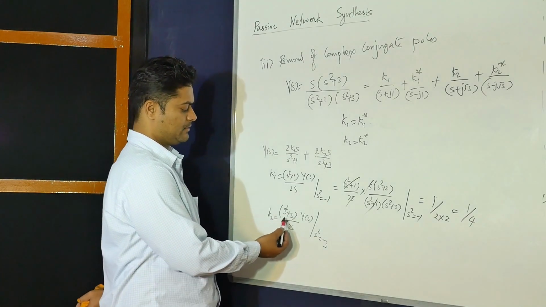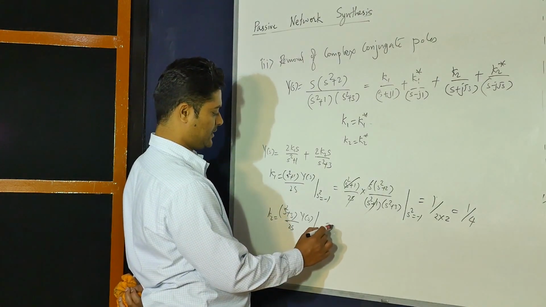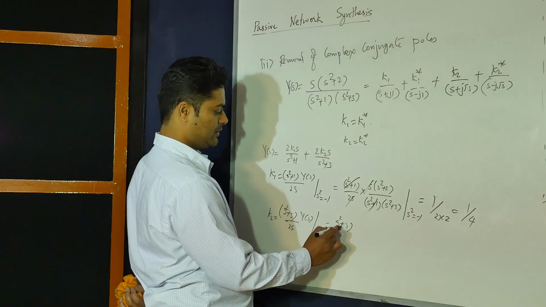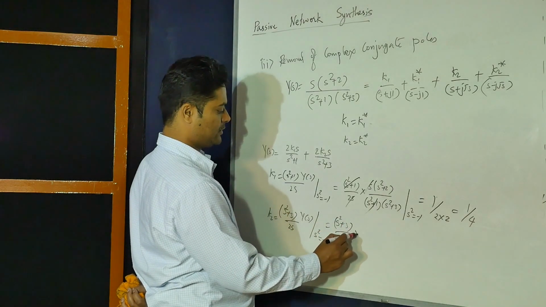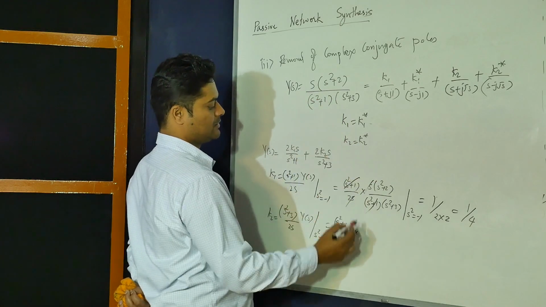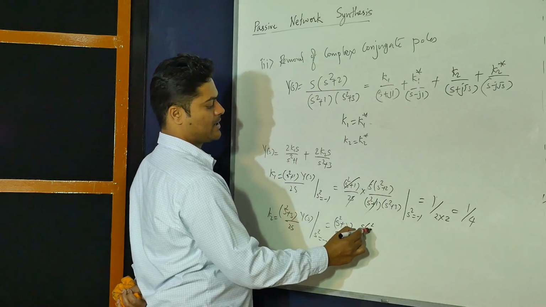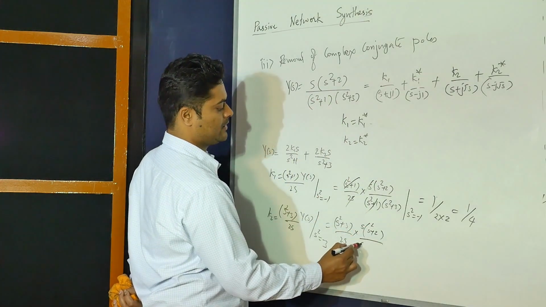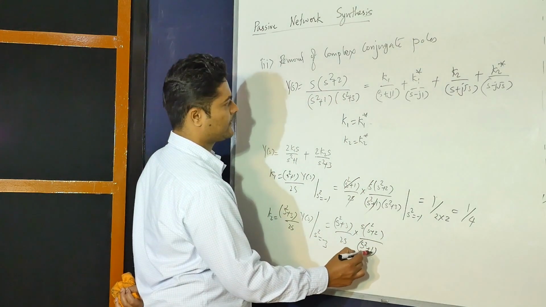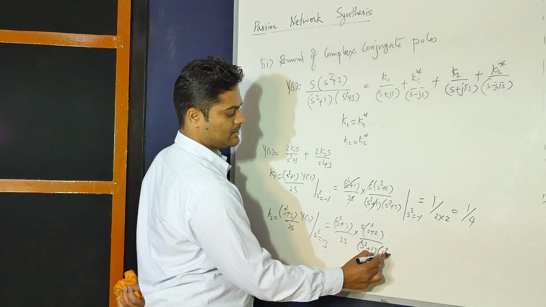Next, take s square equal to minus 3. So s square plus 3 divided by 2s into Y of s, where Y of s is s into s square plus 2 divided by s square plus 1 into s square plus 3.